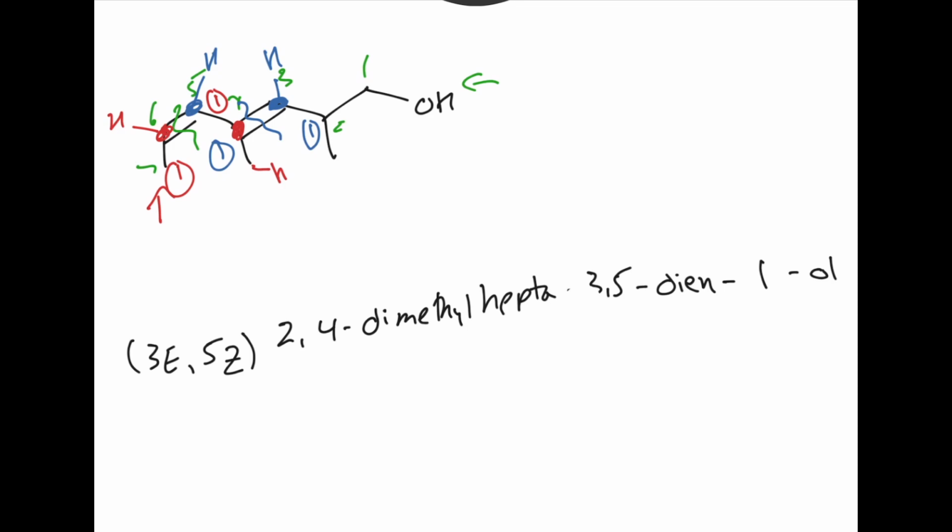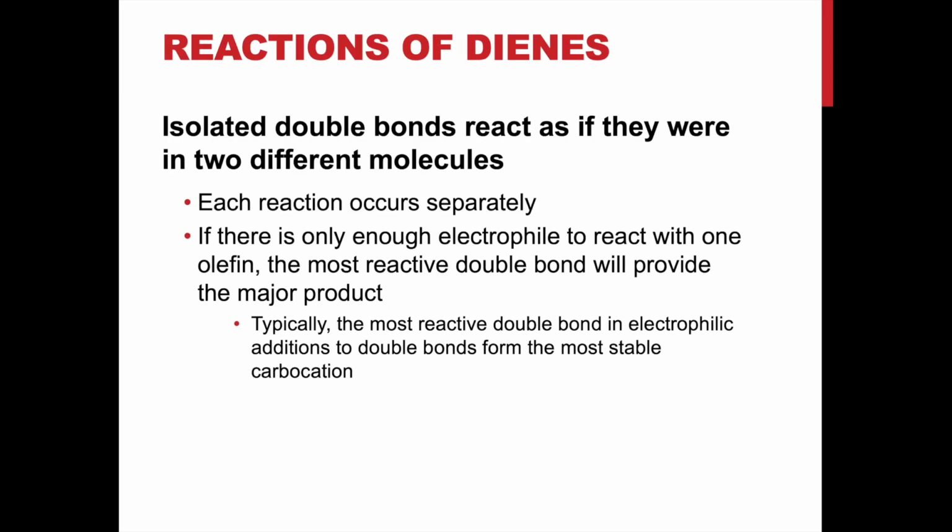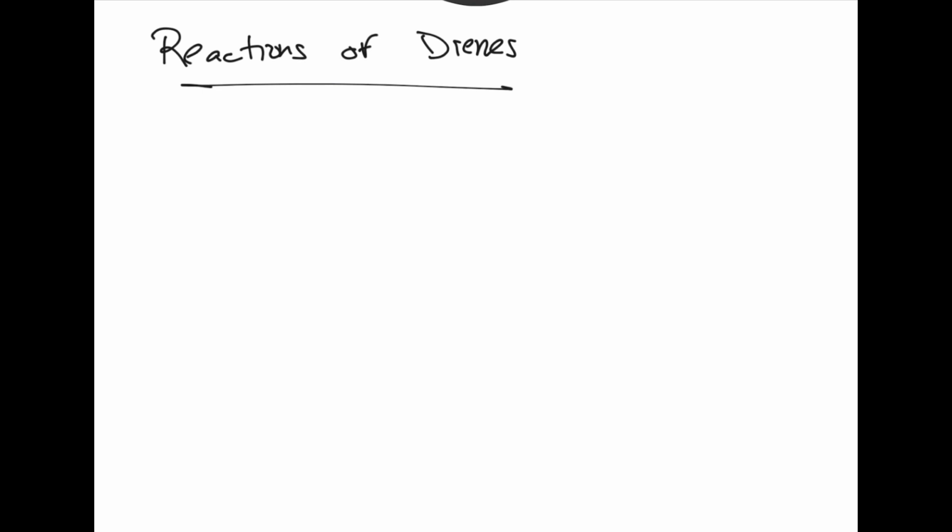So now we're going to start doing some reactions. I'm going to start doing reactions of dienes. And there are two types of dienes that we're going to be concerned with the reactions of. First is going to be isolated dienes.